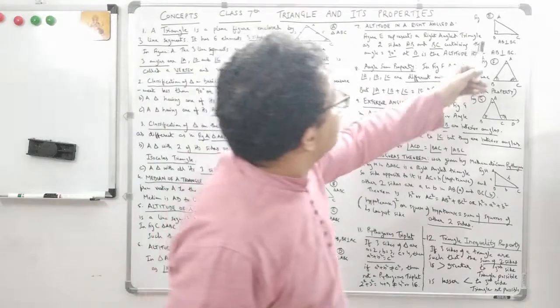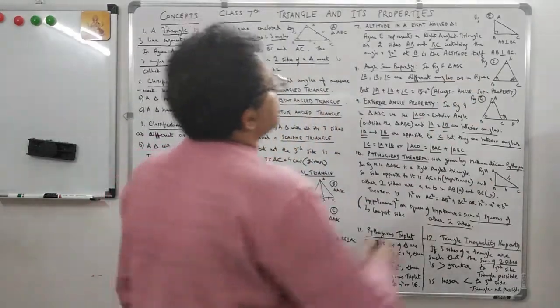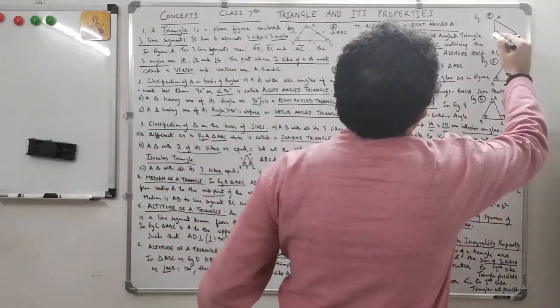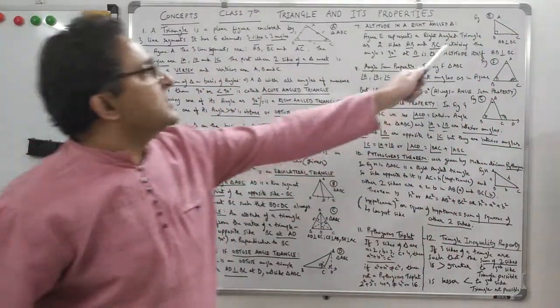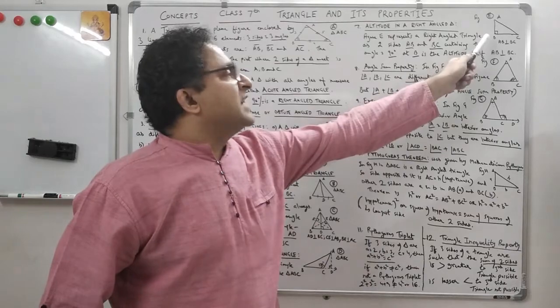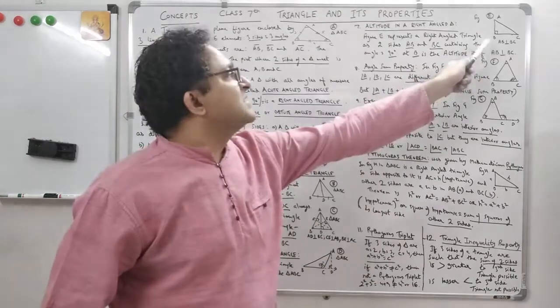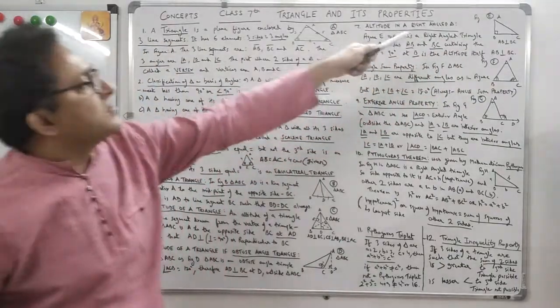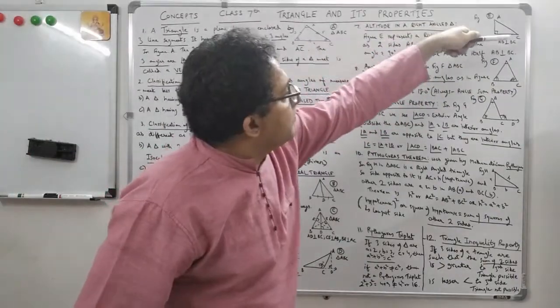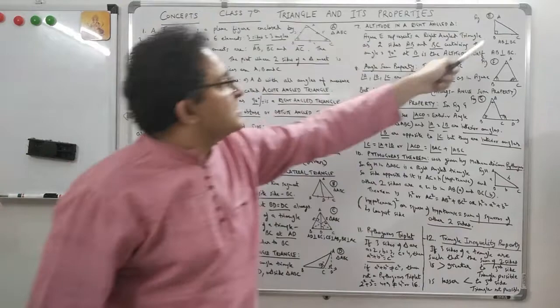If I draw this in a right angle triangle, always remember the angle which has 90 degrees, say B has 90 degrees. So AB is the side which is perpendicular to BC. This itself will be the altitude.